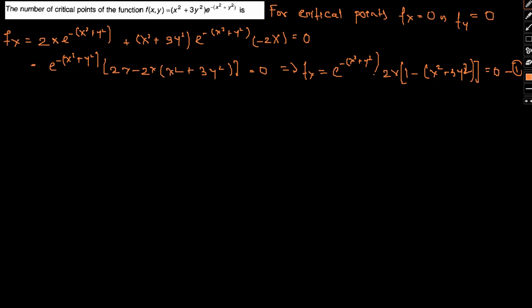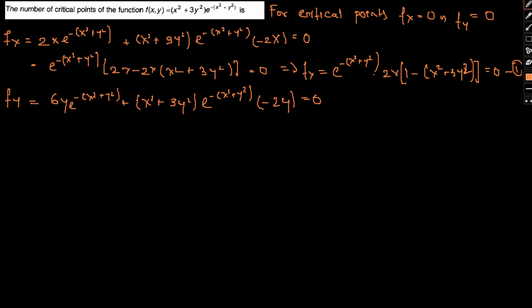Okay, now fy is equal to 6y e to the power minus (x squared plus y squared) plus (x squared plus 3y squared) e to the power minus (x squared plus y squared) into minus 2y equal to 0.